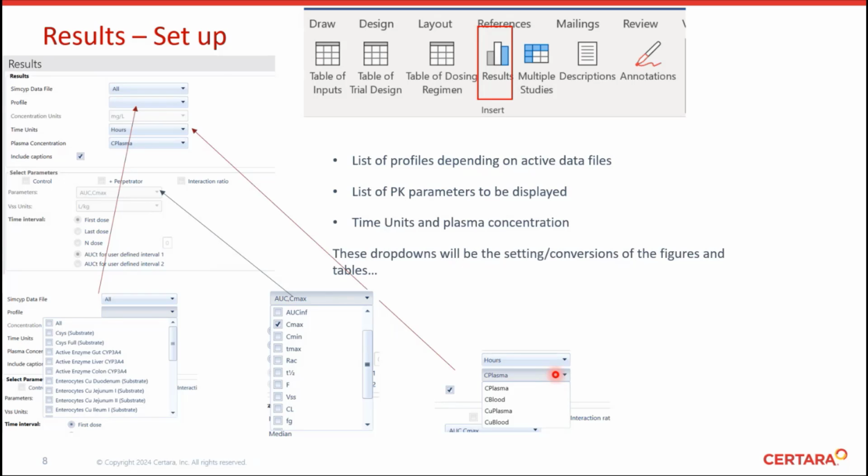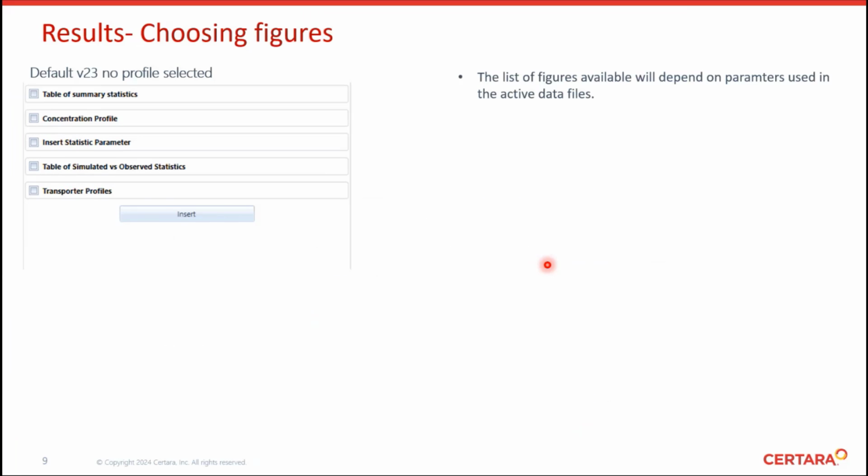Yeah, these drop downs are basically just giving you the settings and the conversions for the figures that you're going to be generating in the second half of this results tab. So when you go down to your list of figures that you can output, this will depend completely on what's active within the data file, just to keep everything nice and neat and not give you a bunch of things that you can't use and might confuse you.